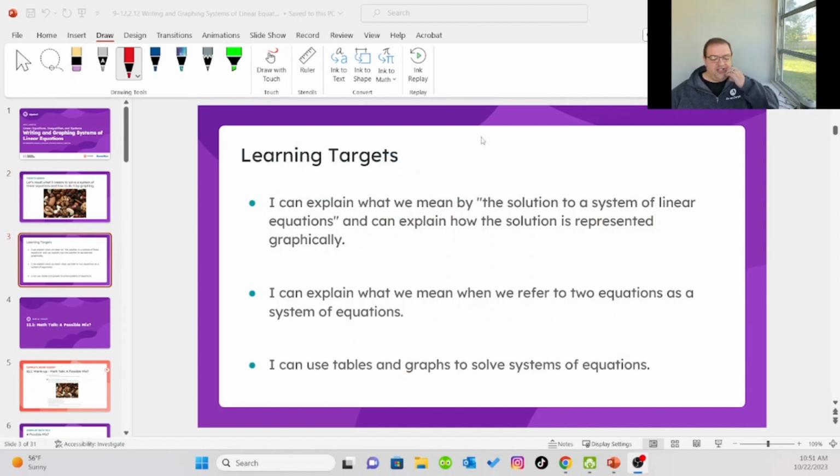First learning target today, explain what we mean by the solution to a system of linear equations and explain how the solution is represented graphically. Number 2, explain what we mean when we refer to two equations as a system of equations. And number 3, use tables and graphs to solve systems of equations.